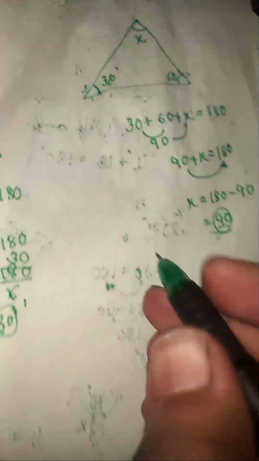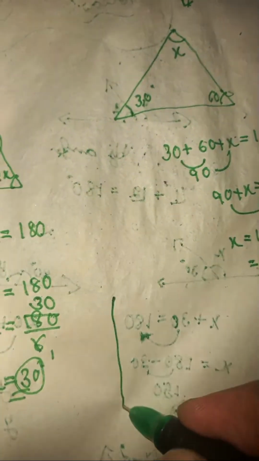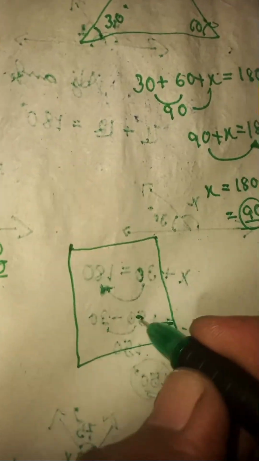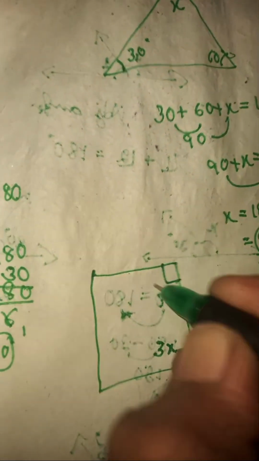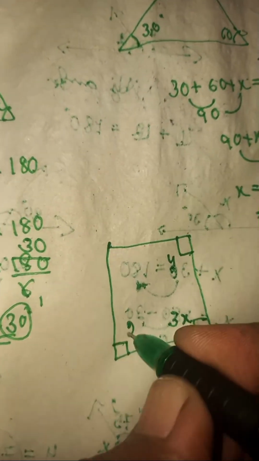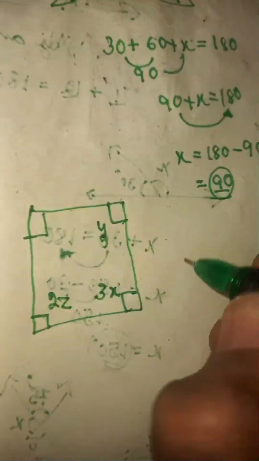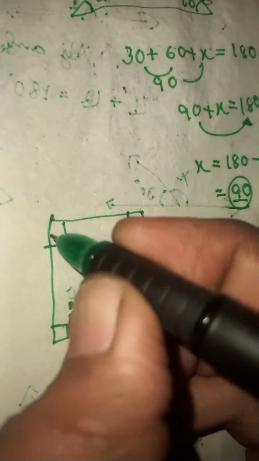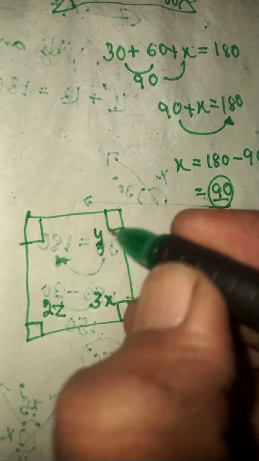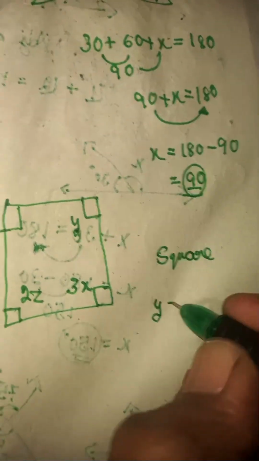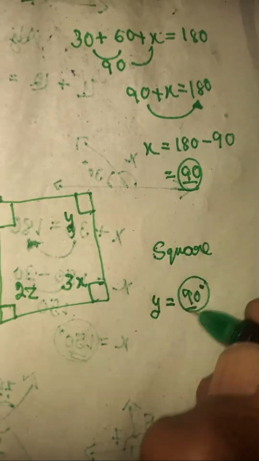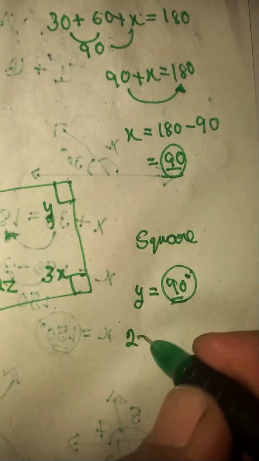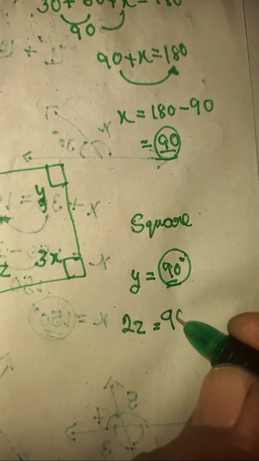Let's take one more problem. Here they have given a square. In this square they have given this angle as 3x, this angle as y, and this angle as 2z. Since it is given first itself that it is a square, all these four angles are equal to 90 degrees. So this angle y is also 90 degrees, so y equals 90 degrees. Then they have given 2z, which is also equal to 90 degrees, so write 2z equals 90.